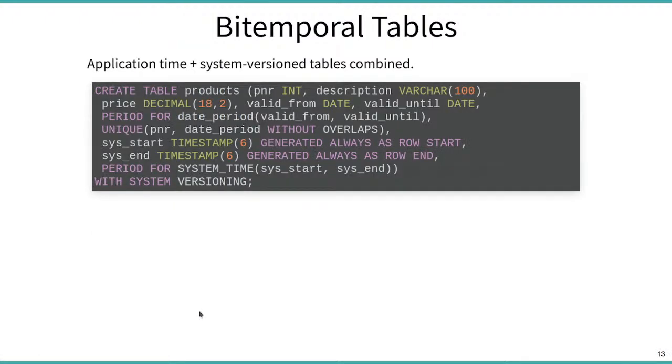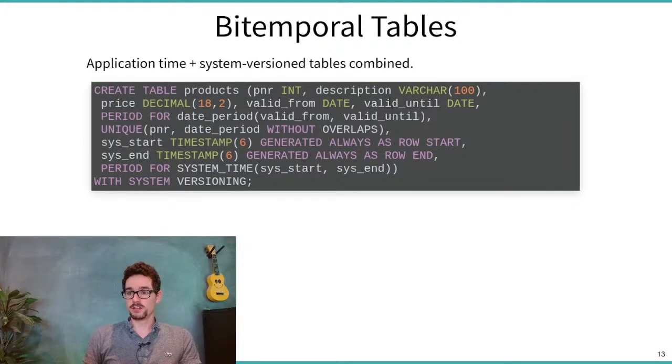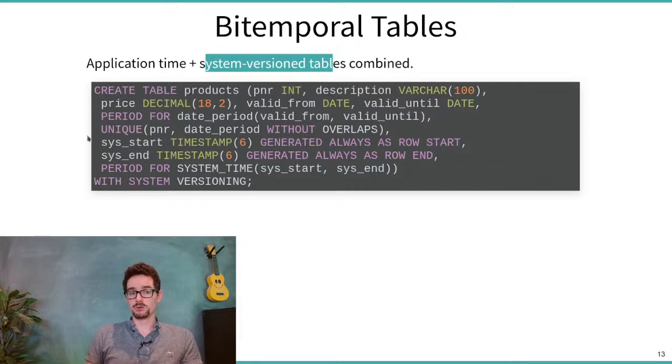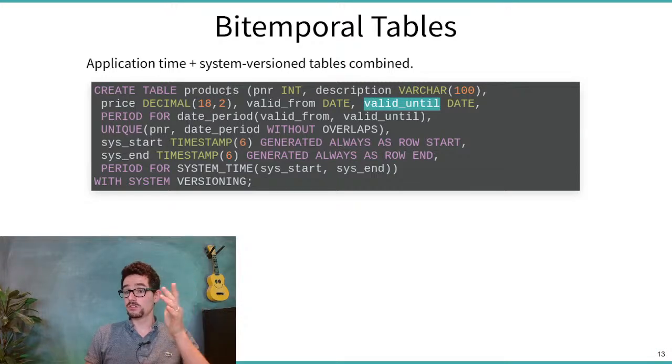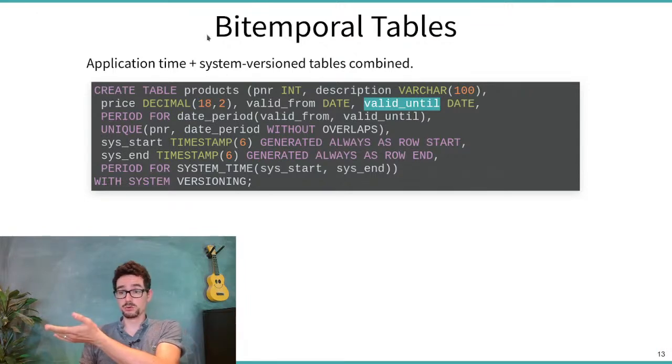Okay, and now my last slide, just telling you that it's possible to make both at the same time, both application time and system version tables. So you have columns valid from and valid until. The price is 50 cents from the beginning of April to the mid of April.